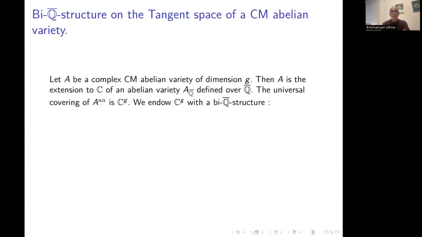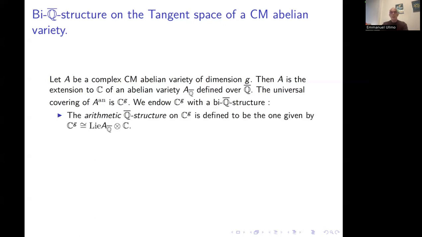The first instance of this kind of thing comes when I start with a complex CM abelian variety A of dimension g. In this situation, A is the extension to C of an abelian variety defined over Q-bar. And I will endow the universal covering of the abelian variety with a B Q-bar structure.